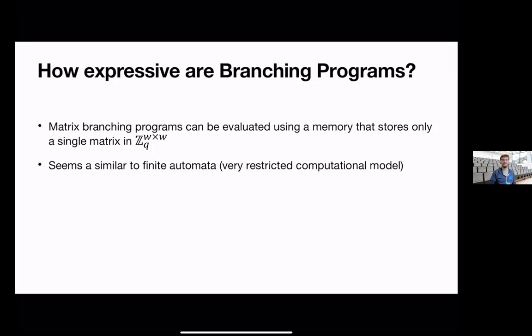Using a finite automaton, you cannot even parse C code or Python code or whatnot. Not powerful enough. So are these matrix branching programs just finite automata in disguise? The answer is no. Why is the answer no? Any guesses?